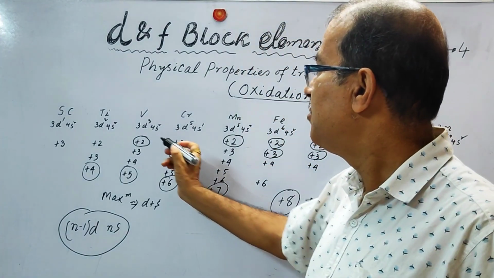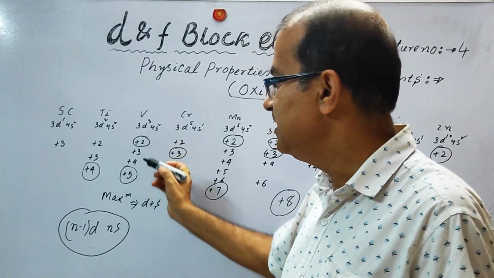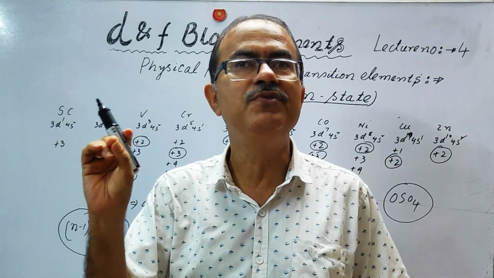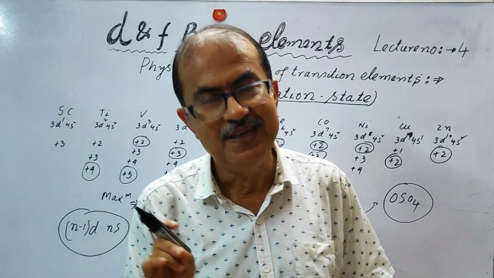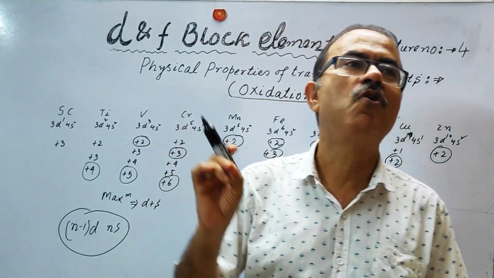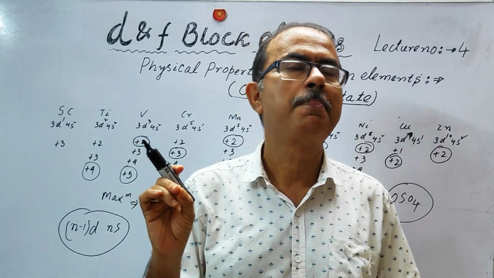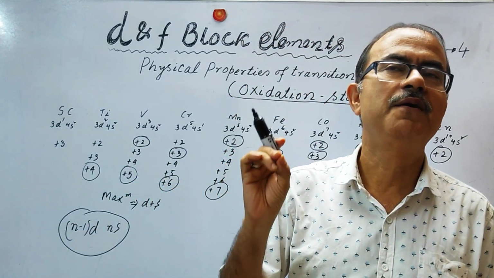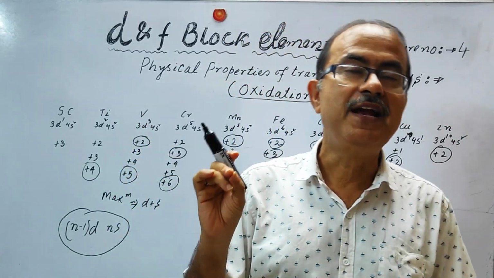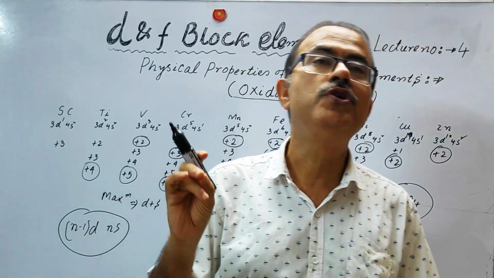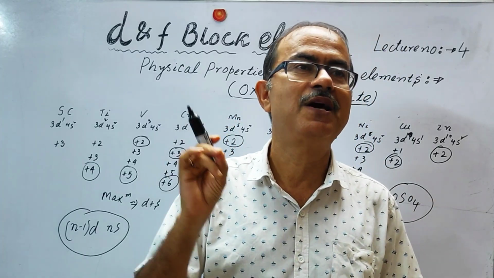You can see for vanadium, you have +2, +3, +4, +5. There is a gap of only 1 unit. This is not observed in the case of p block elements, where you can observe variable oxidation states that vary by 2 units. For example, nitrogen: +2, +3, +5.